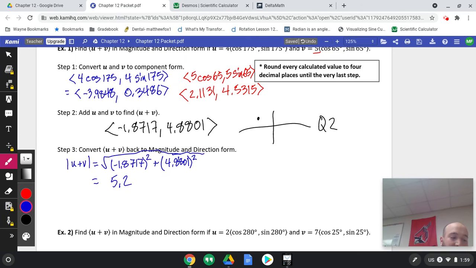Now, that's our magnitude. We need to also find the direction. So remember, for this one, theta will equal the inverse tan of, it's always the y component over the x. So 4.8801 divided by negative 1.8717. And we will find what theta is.